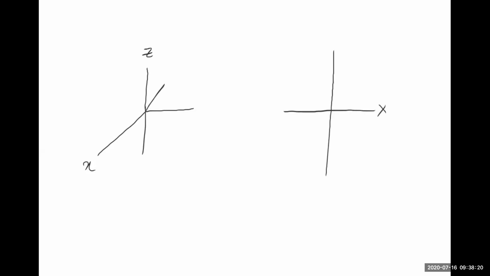Okay, we can do the same thing in other directions. For example, suppose we look at the XZ plane. There is a plane here, right? This is the XZ plane. Let me show this plane with the red axis.